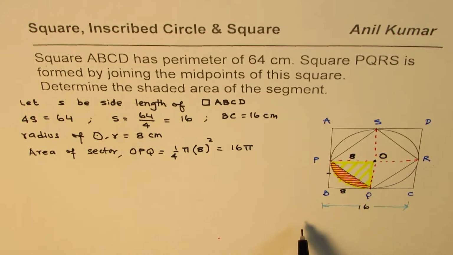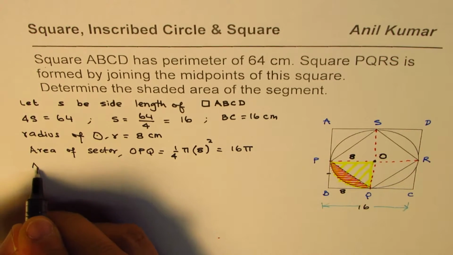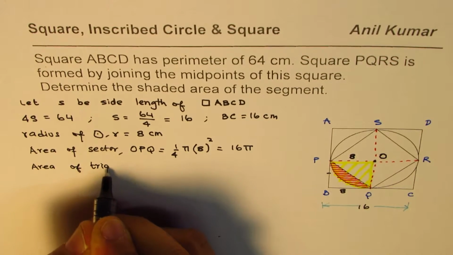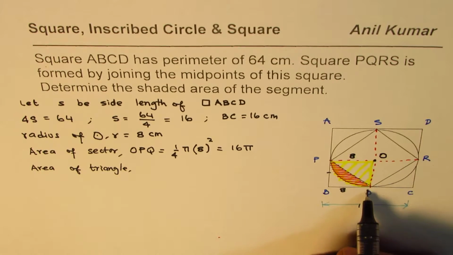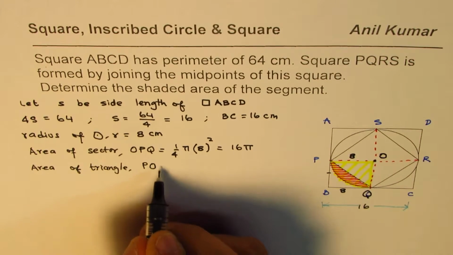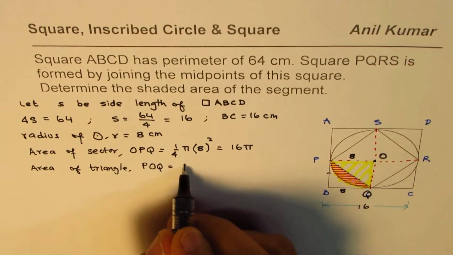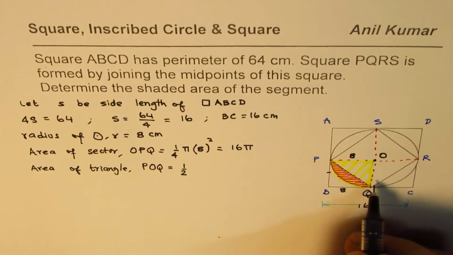Let's find the area of the triangle now. What is the area of triangle POQ? Triangle area is half base times height. Base is 8 and height is also 8, right?